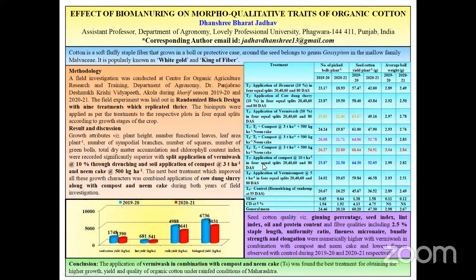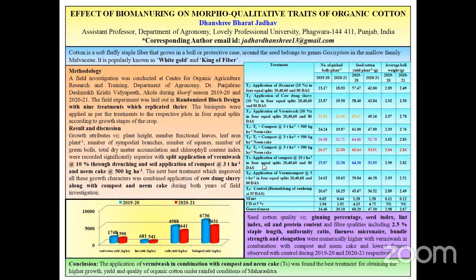Treatments 5, 7 and 3 were registered at par with the combined application of vermiwash with compost and neem cake, except in the year 2020-21 in seed cotton yield per plant.